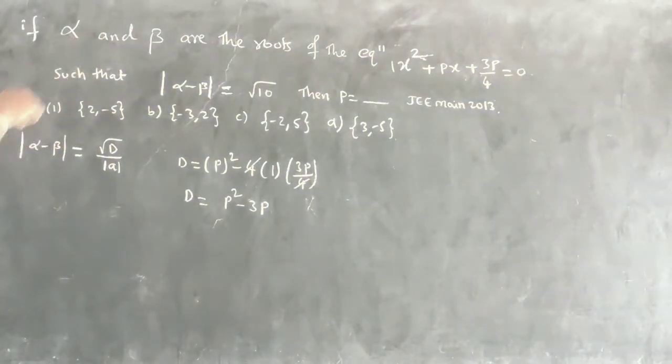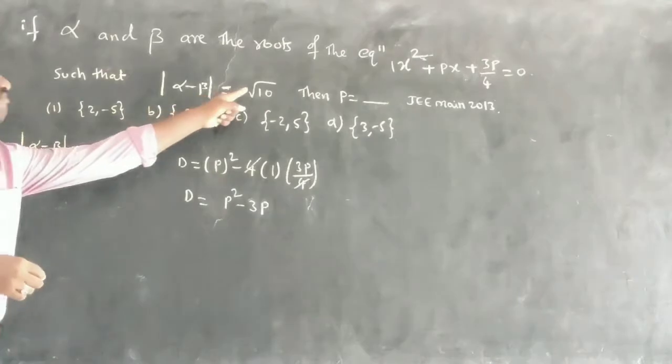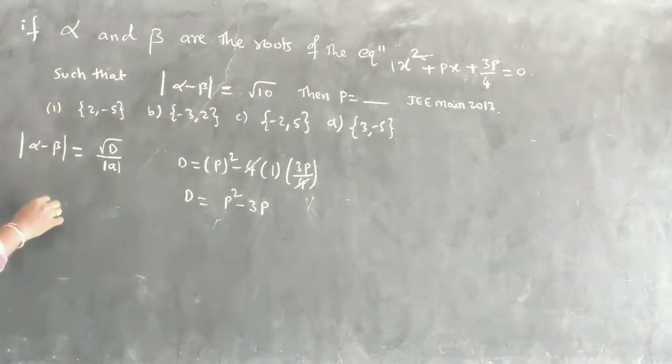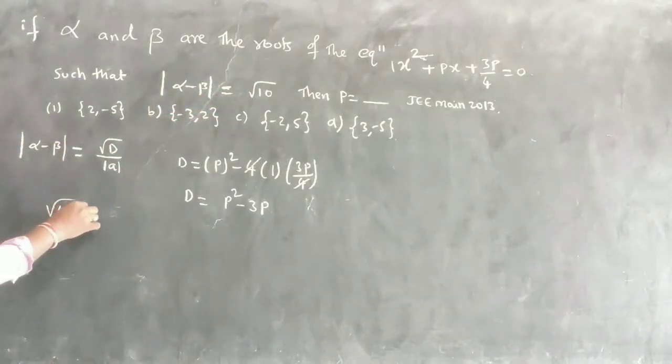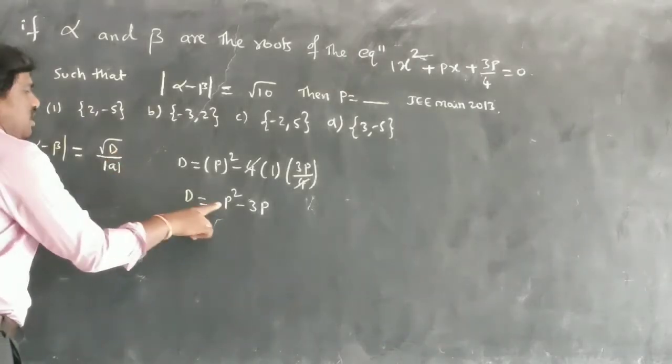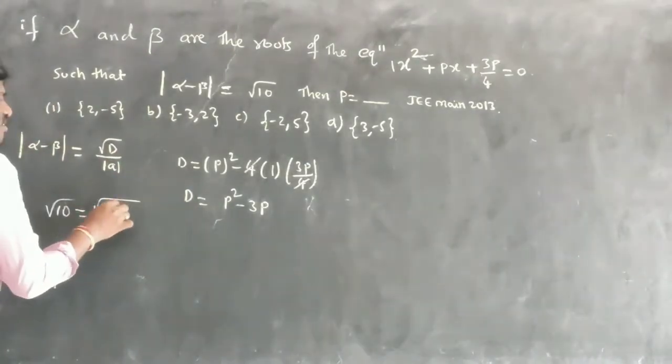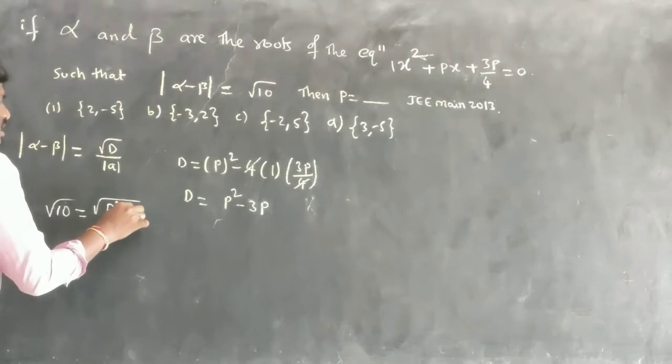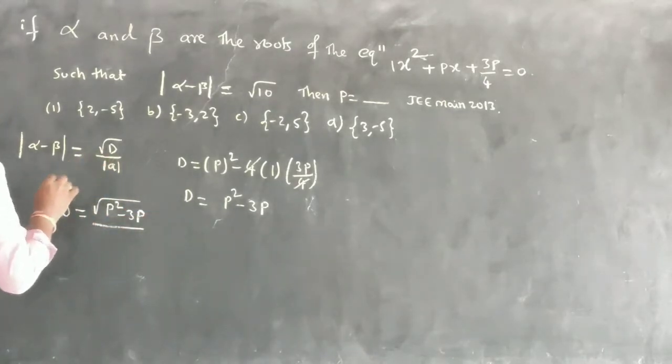See what is given in the question, and according to that we will solve easily. Modulus of alpha minus beta is given as root 10. So root 10 is equal to root d, the square root of p square minus 3p, divided by mod a.